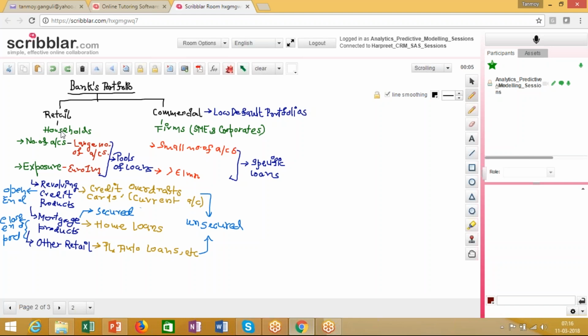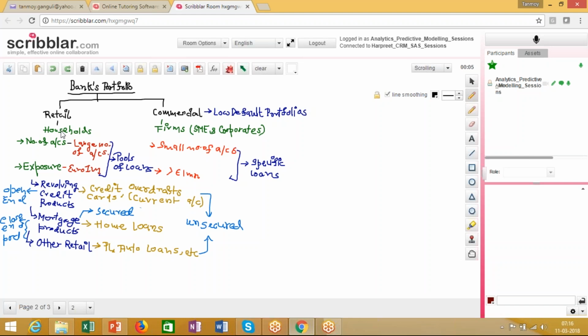Commercial portfolios comprise loans given to the SMEs and the corporates, so basically we just give it to the firms. At a firm level, there is again a distinction. The firm can be an SME, that's small and medium scale enterprise, or you can lend to big corporates as well.